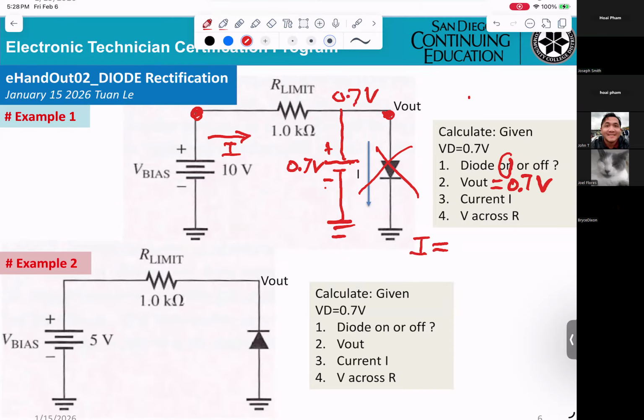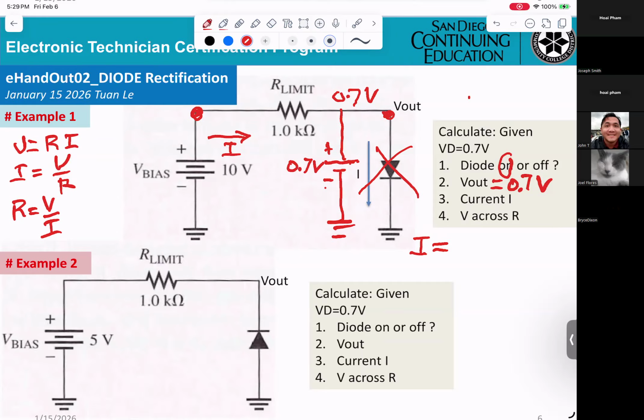Remember Ohm's law: V equals R times I, I equals V divided by R, R equals V divided by I. One side is 10 volts, the other side 0.7 volt, resistor 1K.